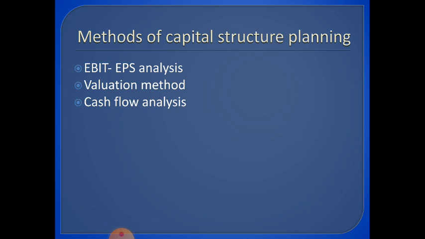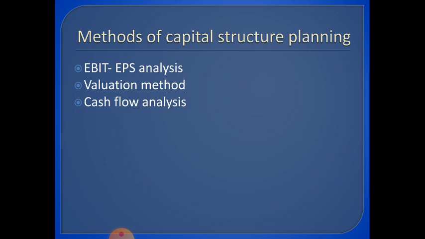From the first one, EBIT means earning before interest and tax. EPS means earning per share. This method is used to analyze the impact of debt on earning per share and risk. In other words, it determines the effect of leverage. This is the method to examine the effect of financial leverage.